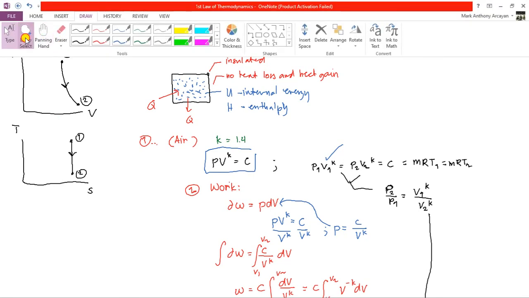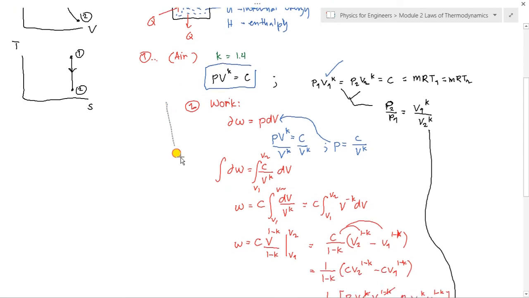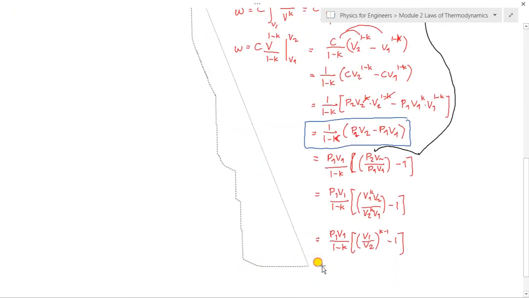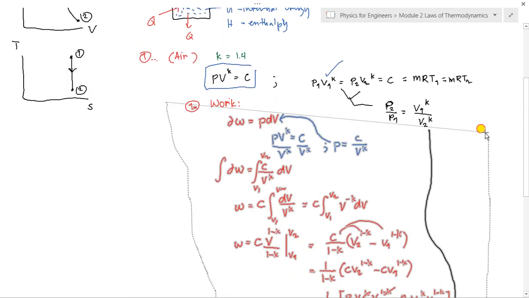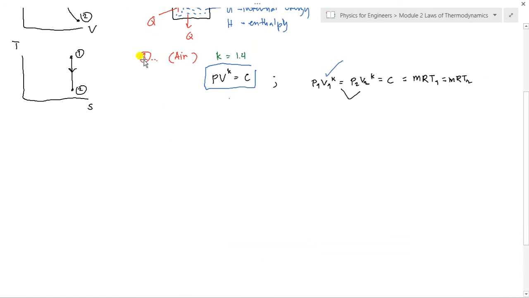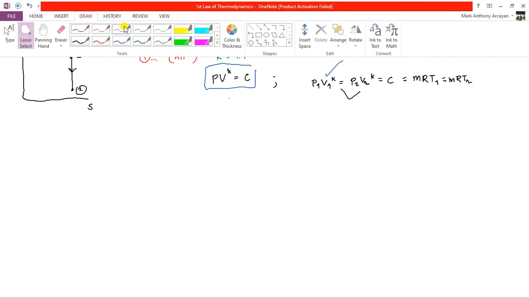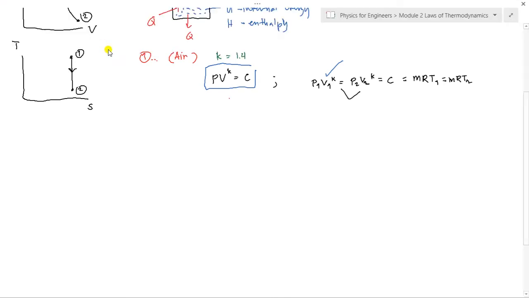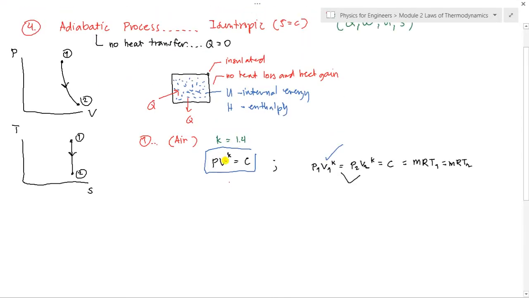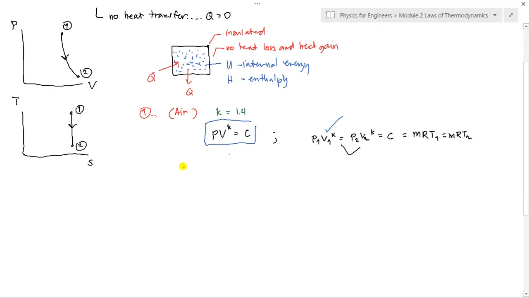Okay. So, since we are done with work, let's proceed to the internal energy. So, for an adiabatic process, for letter B, we have internal energy.